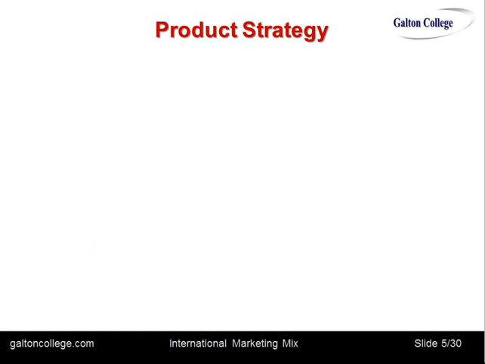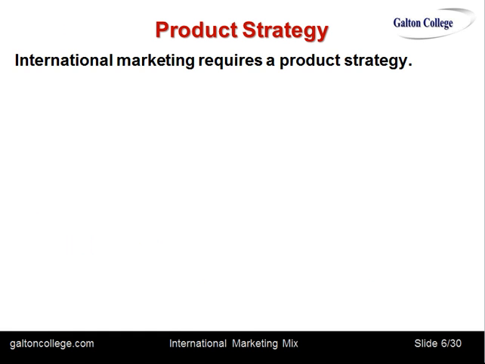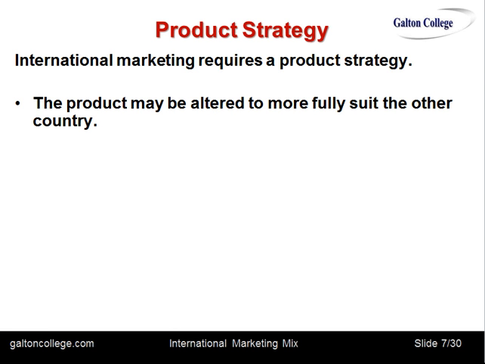Now let's look at the product strategy. Well, international marketing requires a product strategy. The product may be altered to more fully suit the other country. That's one possibility. So the product may be amended significantly indeed, to meet the requirements of the other country.